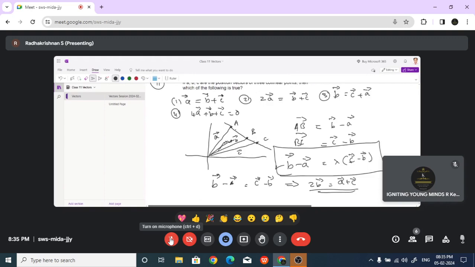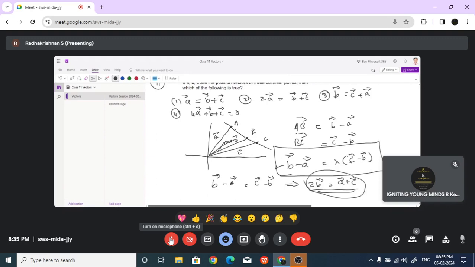will make it collinear. So the order of the points is not given as A, B, C, so we can even put the order as B, A, C, or any order. So just like 2B equal to A plus C, 2A equal to B plus C, or 2C equal to A plus B, they will all be collinear.